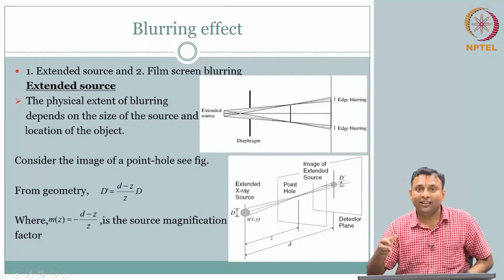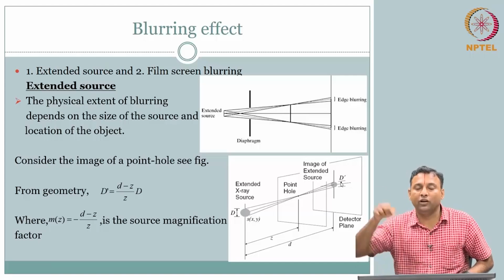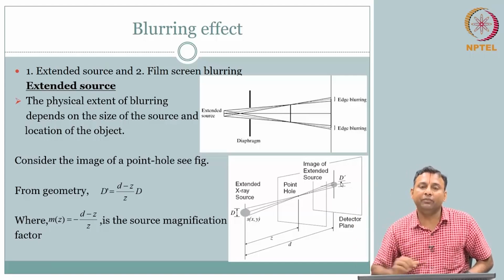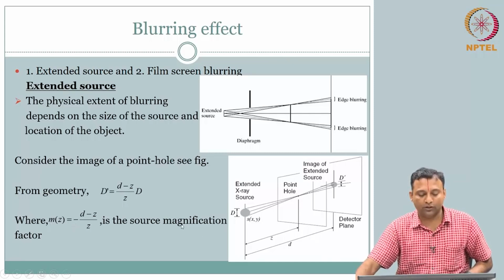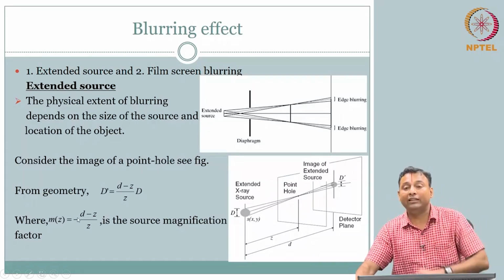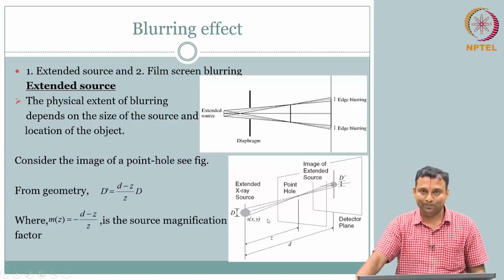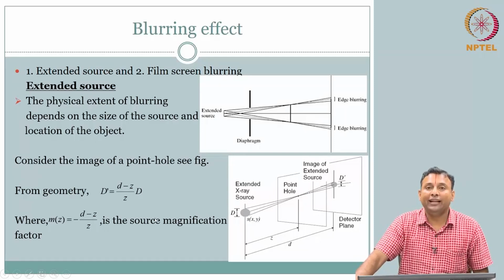So on the detector, this is an inverted image. The top has gone to the bottom and the bottom to the top. So m of Z is the magnification due to the source magnification factor, but the negative implies the magnification happens, but it's an inverted image that you are recording. Okay, so that is your effect due to your extended source.